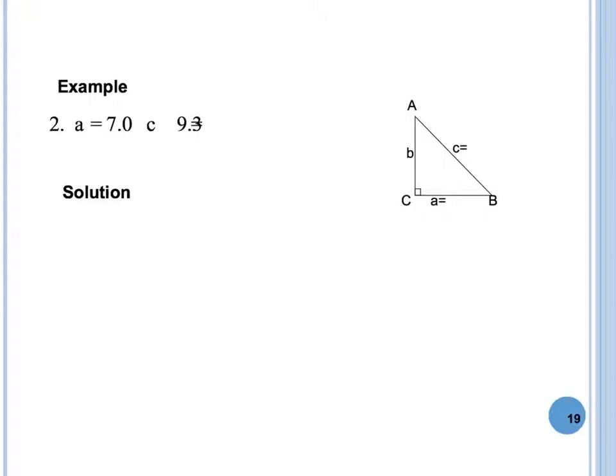So in this problem, I find out that little a, that's a side, is 7, and little c is 9.3. So I have two sides of a right triangle, and I can go find the missing side.